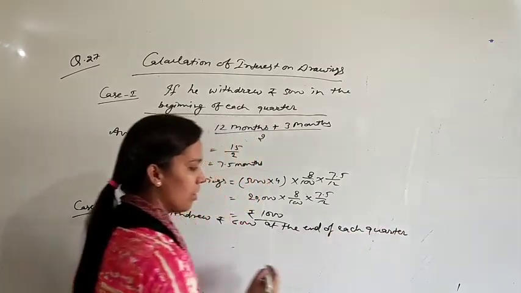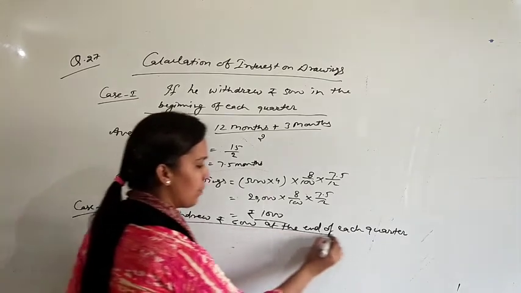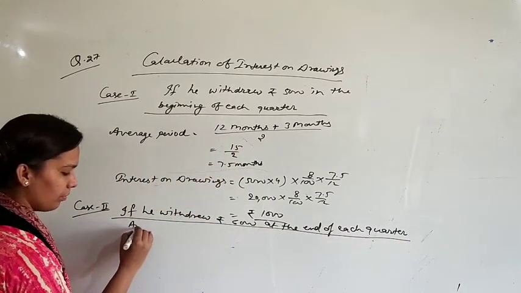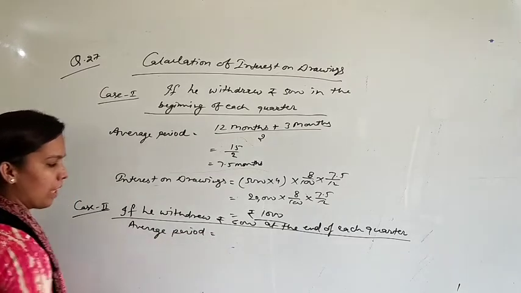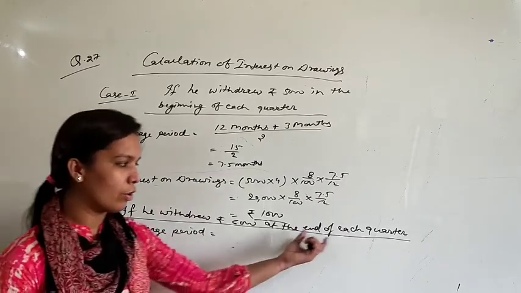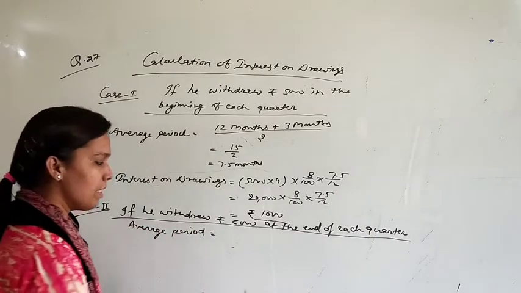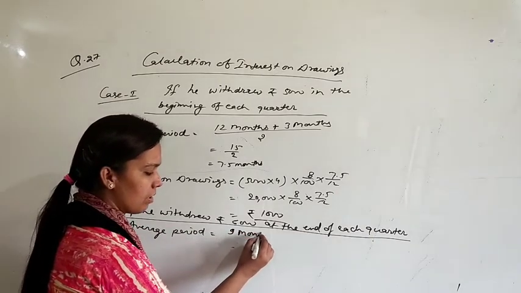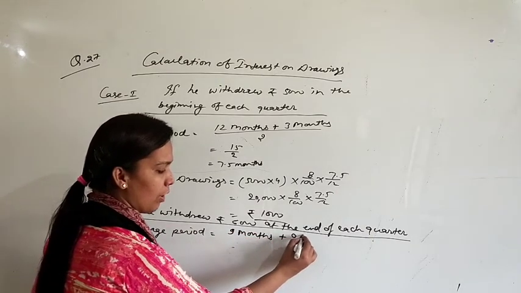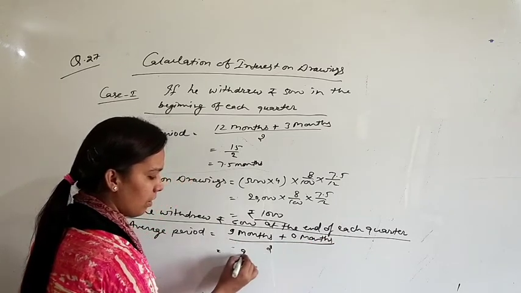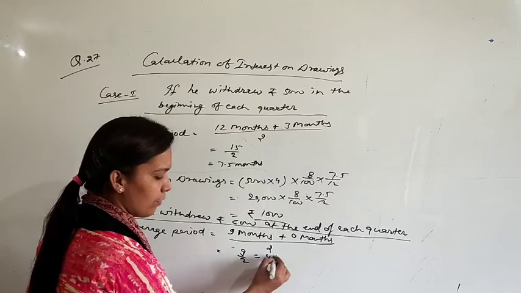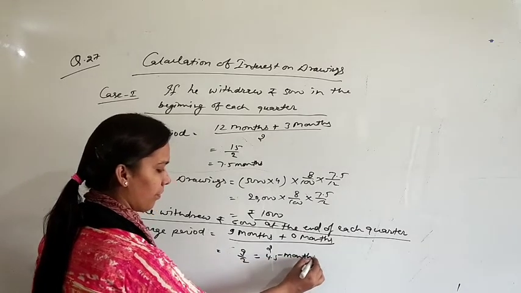So the same process, that first of all you will find average period. Average period equals to time left after first drawing. When you are withdrawing at the end of each quarter, it means after first drawing you will have 9 months, but after last drawing you will not have any months left. So the average period will be 9 divided by 2, means 4.5 months.